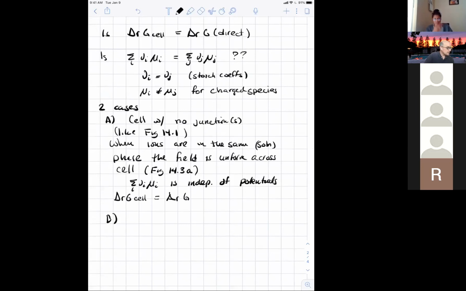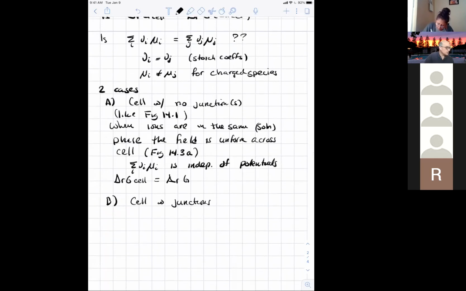Okay, now let's take another case. We have a cell with junctions, right? So now we're going to have a cell with junctions. In this case, let's go ahead and put in the full expression. This will look familiar from what we did last time.